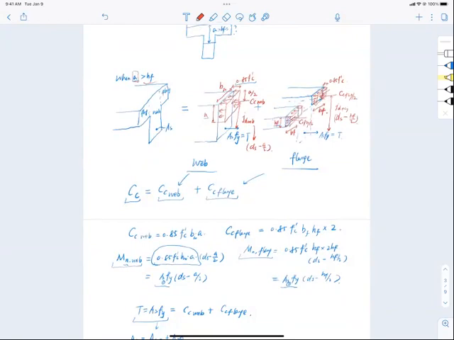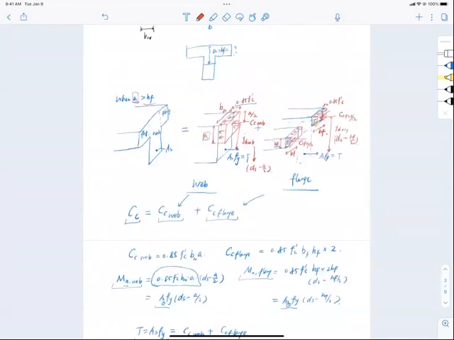One is in the web that takes the compressive zone size of a, and then add it on the full flange. When I say full flange, that is a flange fully developed, with the stress of 0.85 f'c here, okay?